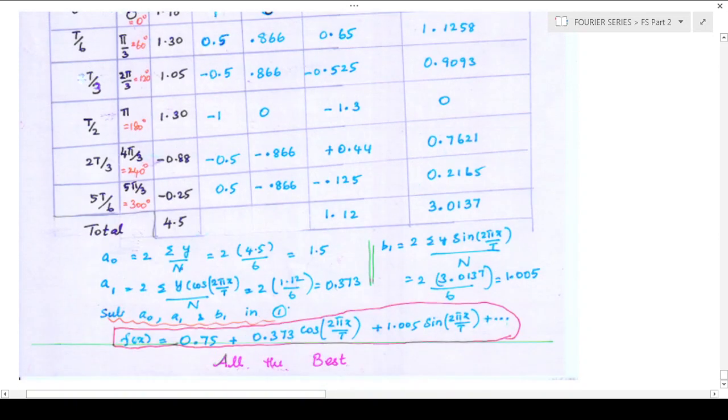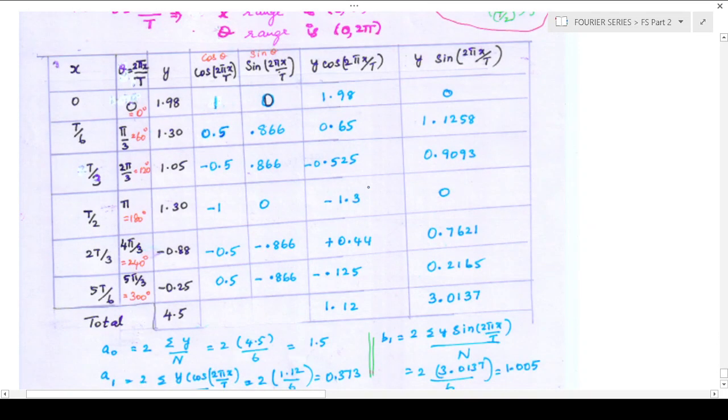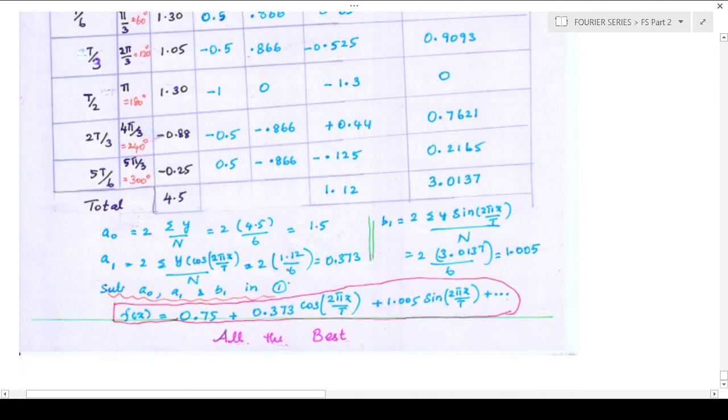So what you'll get is a naught is twice summation y by n. N is 6. Summation y is 4.5. You'll be getting the a naught value as such. A1 is twice summation y cos 2 pi x by t divided by n. Twice it is 1.12, summation y cos 2 pi x by t, you are substituting it, divided by 6.